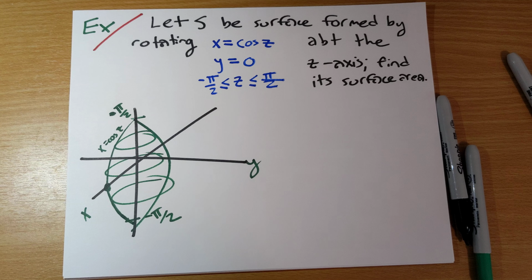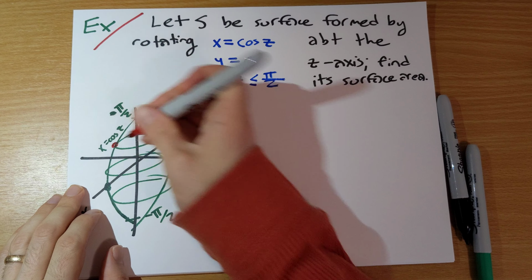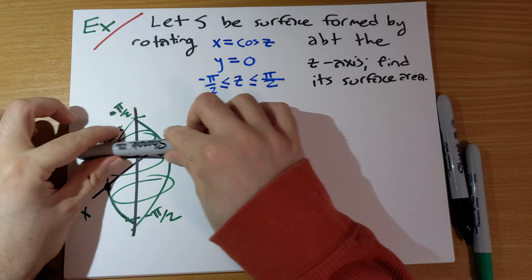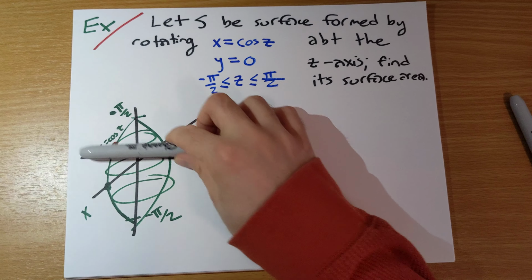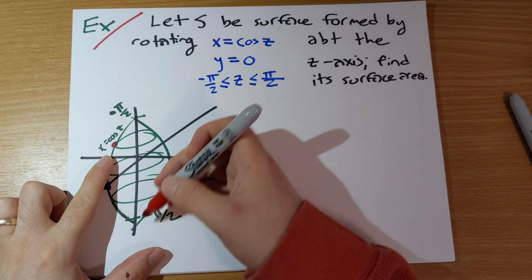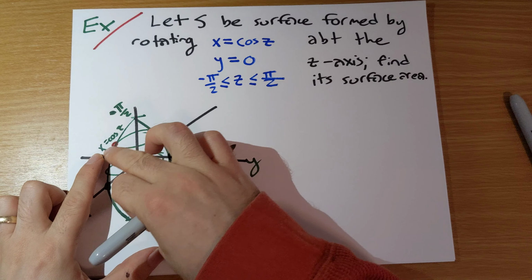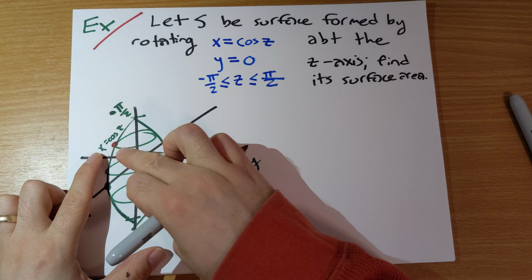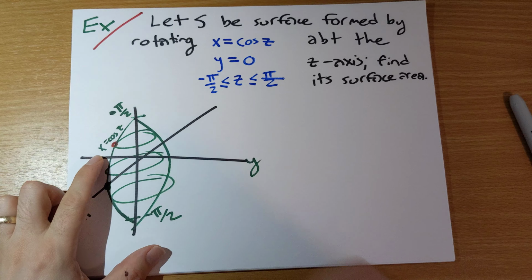Okay, how are we going to parameterize this? Well, there's going to end up being two parameters involved. The first parameter is going to correspond to the z-coordinate here. It's going to tell you how far up and down you are along the football. And then the second parameter is going to tell you how much you get rotated around by.